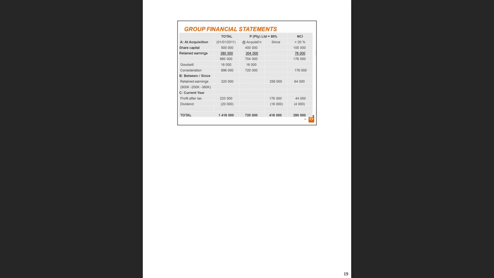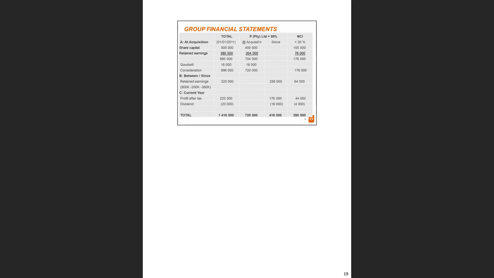Okay. Then we know the consideration paid by P for equity for 80% was 720,000. So we need to determine, is there goodwill or gain on bargain purchase?